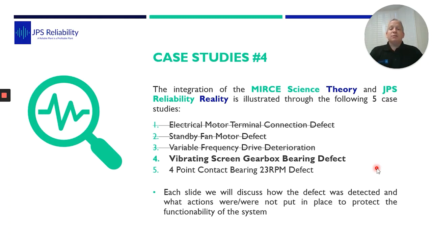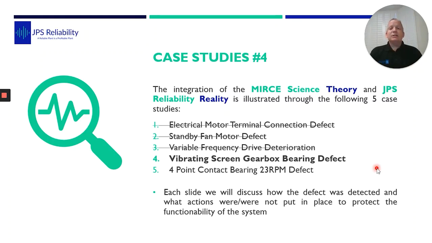I don't know if you've seen the other 3, but if you would like to view them, please go to the RMS website, and there will be links there to show the 3. The first one was an electrical motor connection defect. This is where we picked up a defect on the motor through vibration analysis. It also highlights the need to use other technologies like thermography.